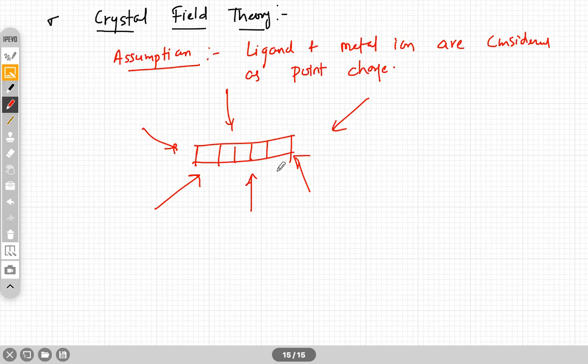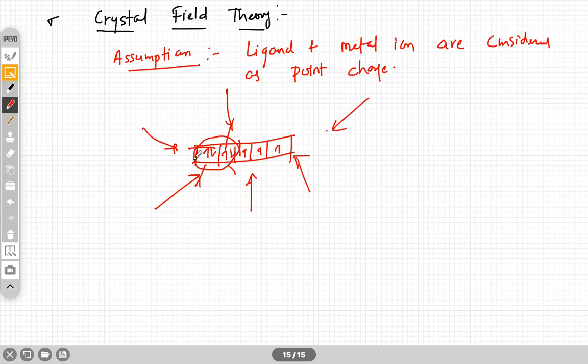So when these ligands approach the metal ion, suppose we have some arrangement of electrons like this, randomly drawn. When the ligand tries to donate the electron pair, the electrons in the metal's d orbitals repel the incoming electrons from the ligand.